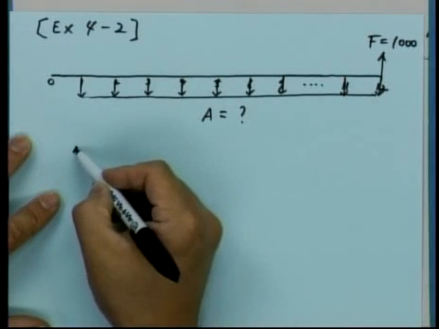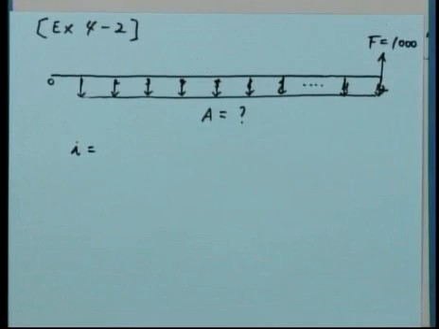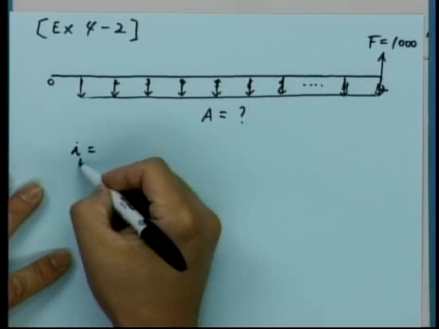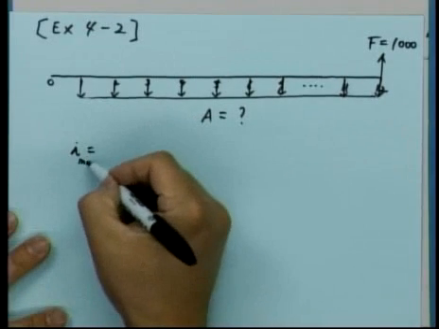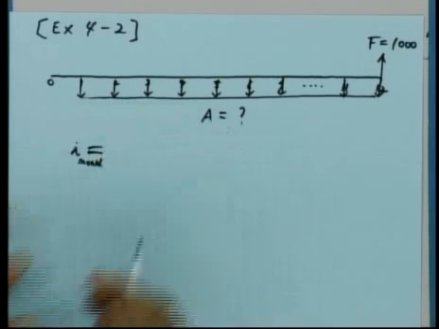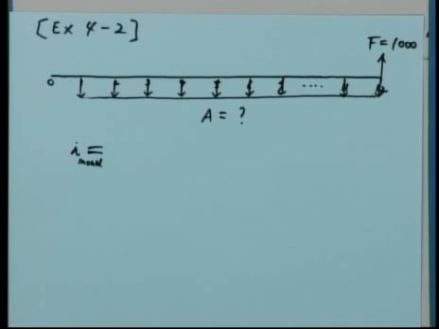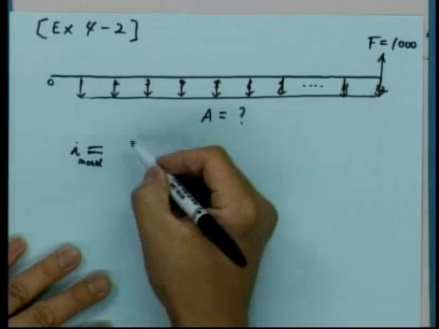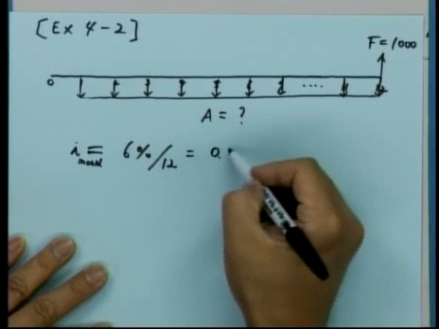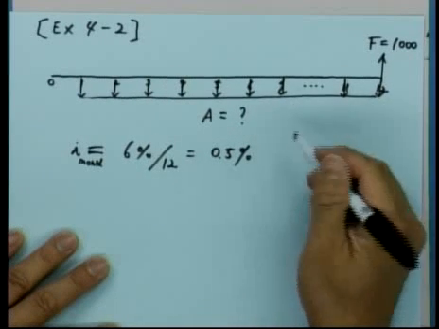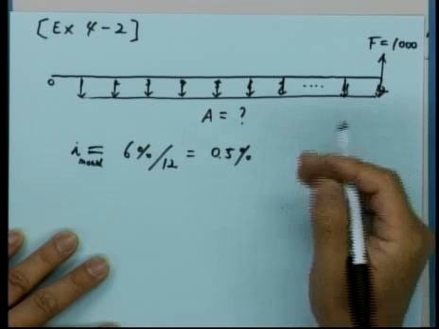Then what value are you going to use for I, the interest rate? The interest rate is based on each month, right? And that's going to be 6% divided by 12, which is 0.5% every month.